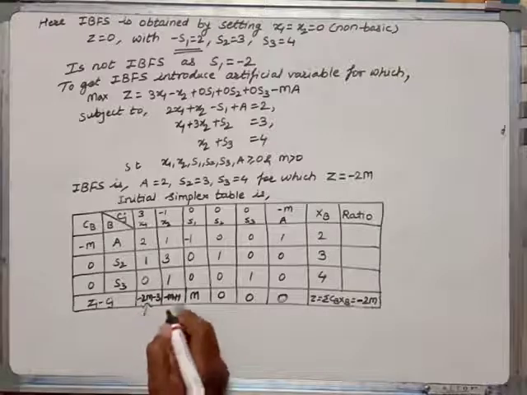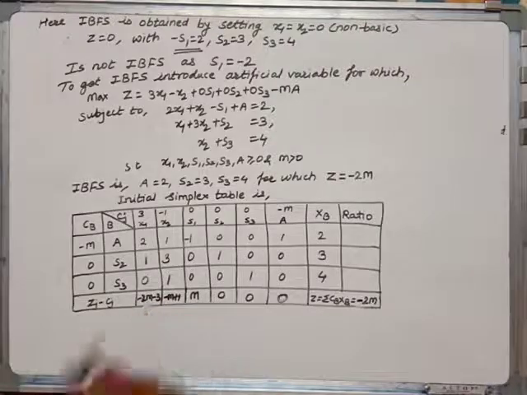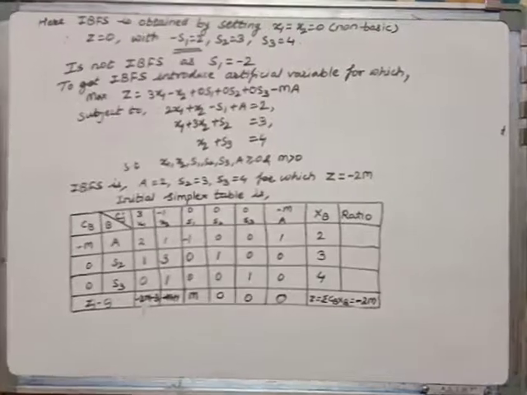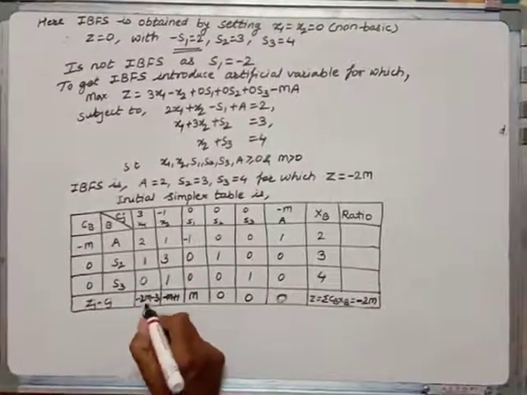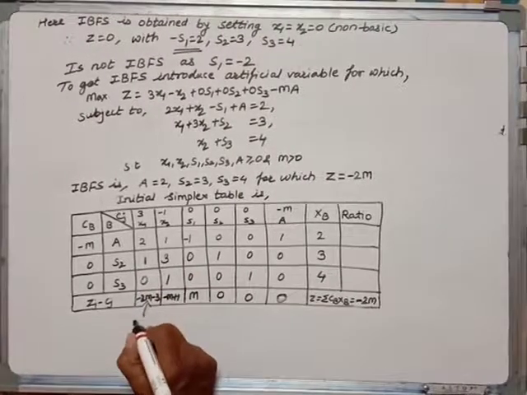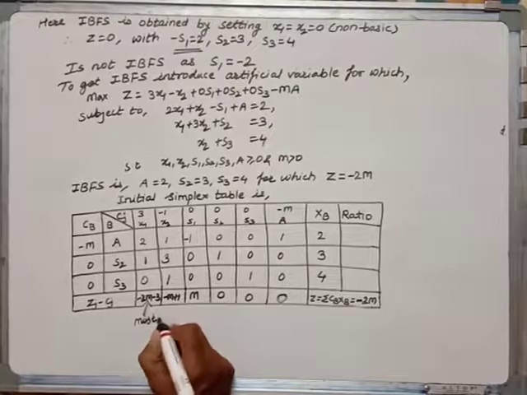And this is most negative, as the problem is of which type? Maximization type. This is most negative.